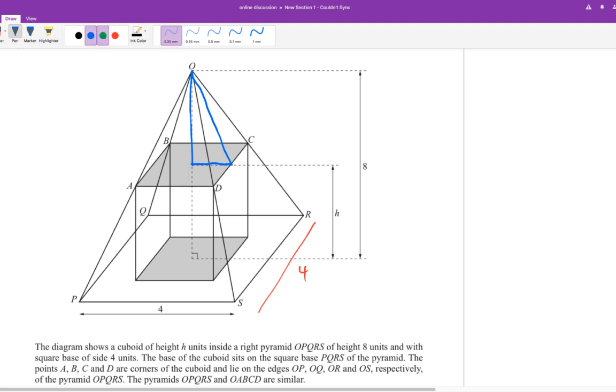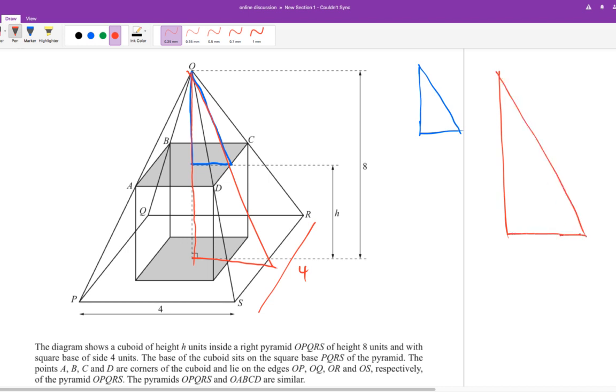Okay, and then you have one big triangle here. Okay, then I will draw out these two triangles. First triangle, small one, and then you have one triangle which is big one. Because they say they are similar, right?